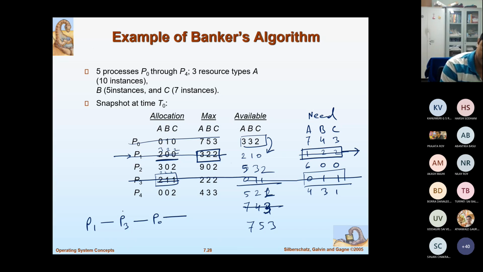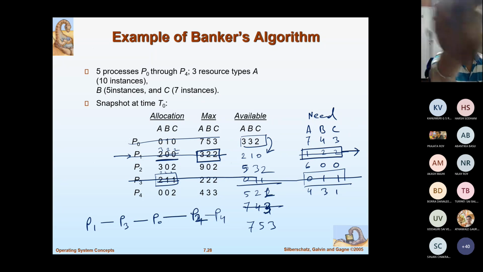Next you have P4, whose requirement is also fulfilled. Next you allow P2 and then P4. So you have to show every step. I have a very small pad, that's why I cannot show you the entire board work. You have to show each step.